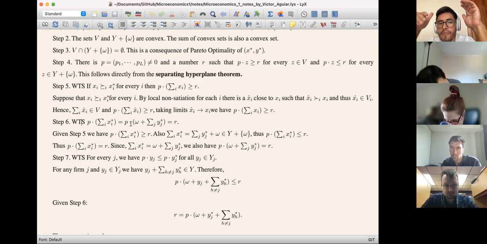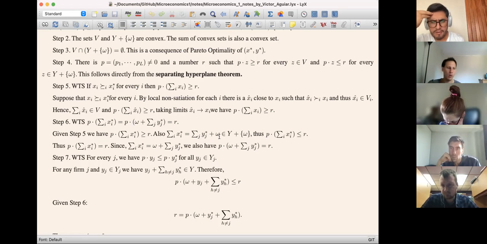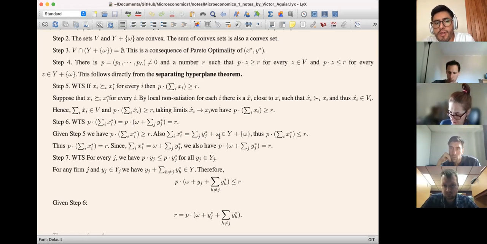the Pareto allocation, right? So given step 5, we know that P multiplied by xi star is greater than or equal to R, okay? Also, the summation of xi star is equal to the summation of yj star plus omega. So this is just by definition of Pareto optimality. If you are Pareto optimal, you have to be feasible. So this happens here with equality.